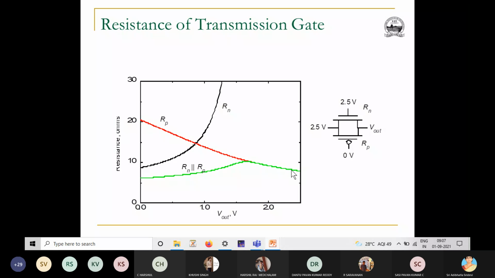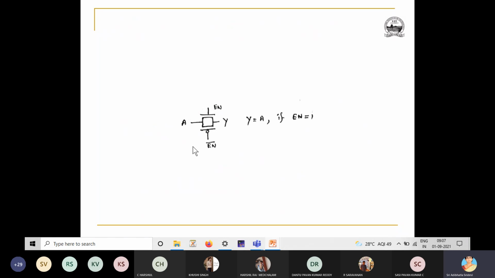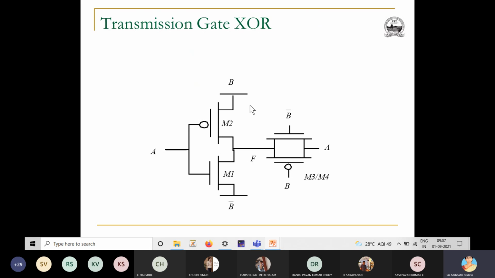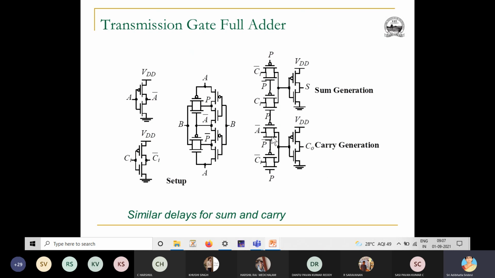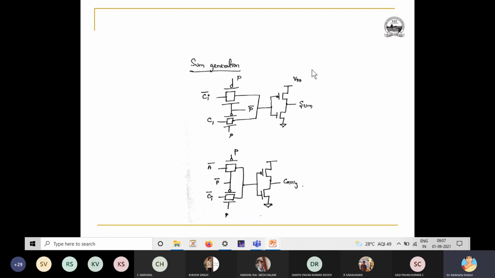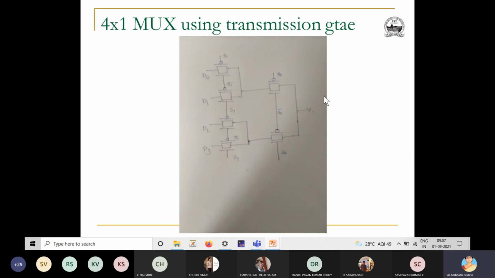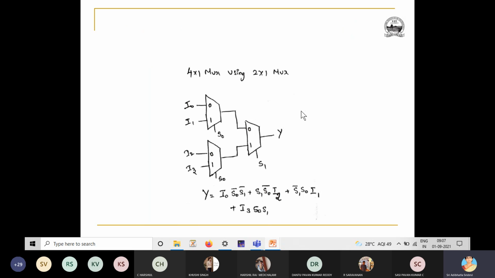This is the transmission gate symbol, and we have seen circuits using it: a multiplexer with active low logic, and an XOR gate. I asked you to trace these, including the 2x1, 4x1 and 8x1 mux, and gave you other small circuits to develop with transmission gate logic.